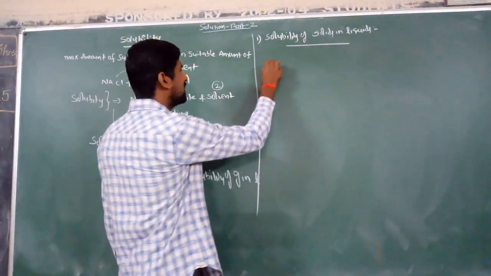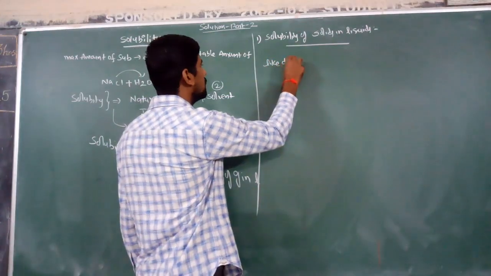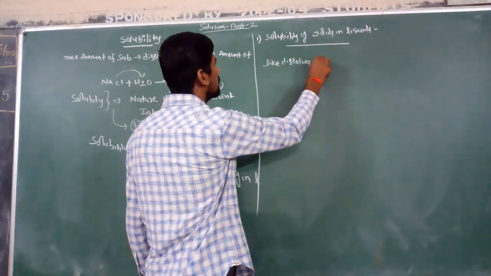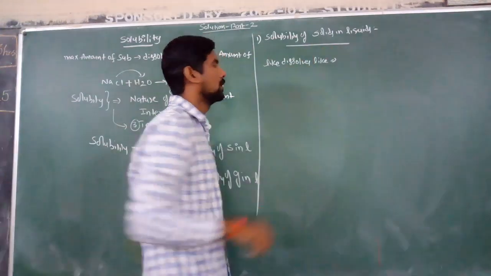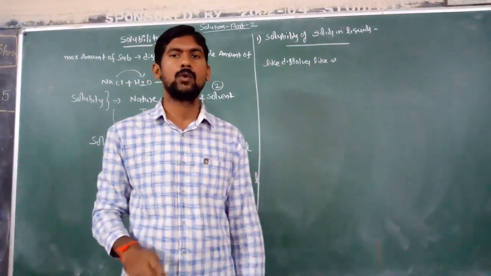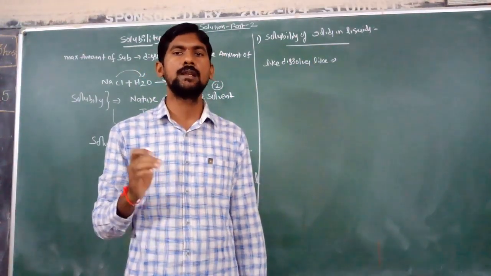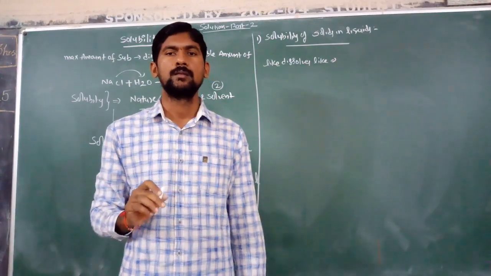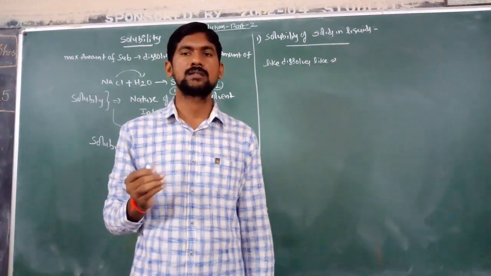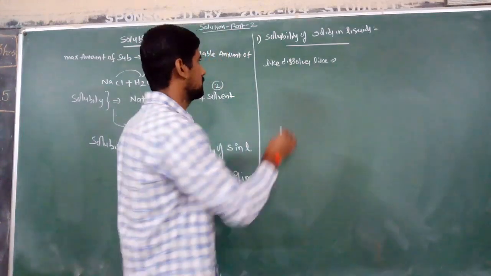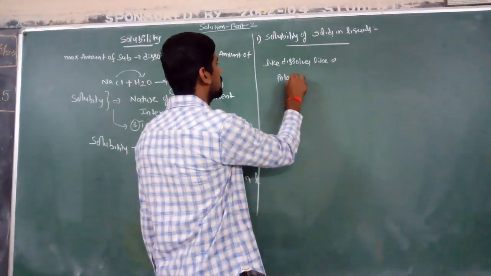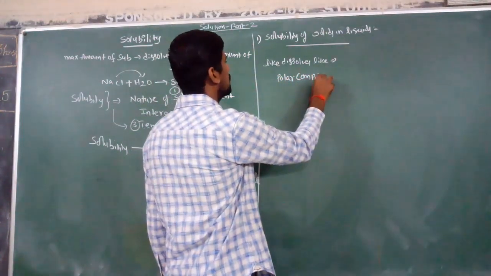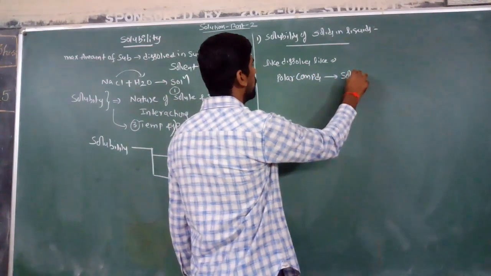You know that like dissolves like. Like dissolves like means polar compounds are soluble in polar solvents, whereas non-polar compounds are soluble in non-polar solvents. Polar compounds are soluble in polar solvents.